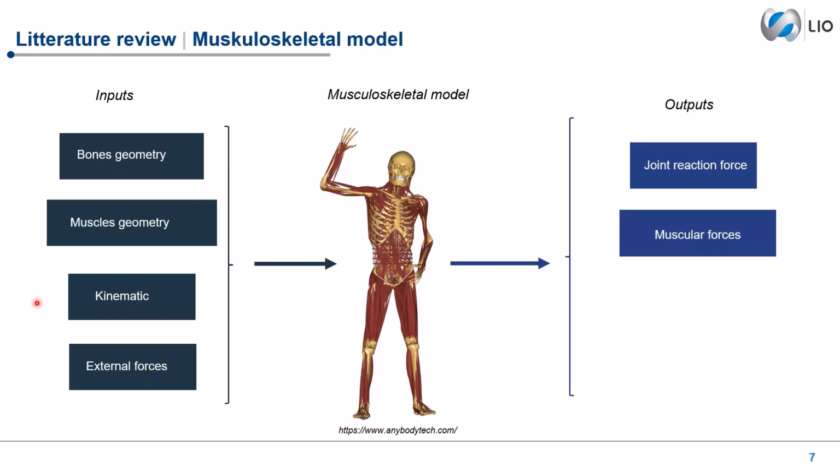It can be either mocap or drivers. In my study, I'll be performing abduction, so I will just drive the arm upward. And we can add external forces, such as a load, for example.